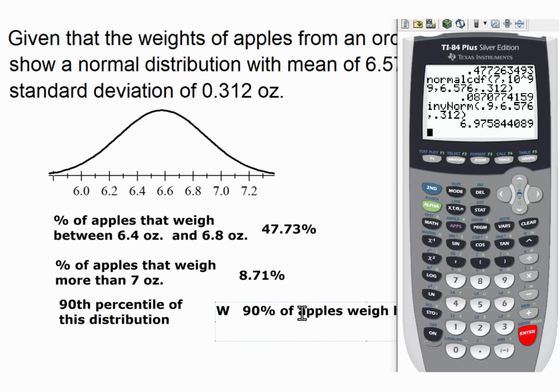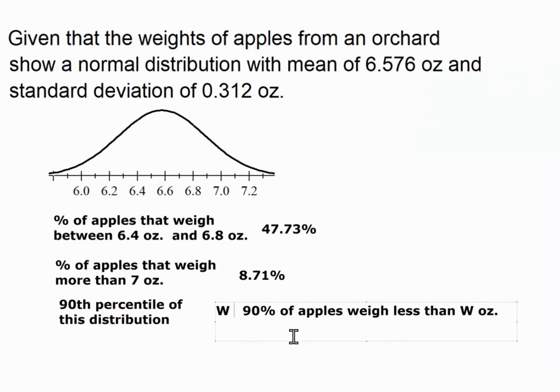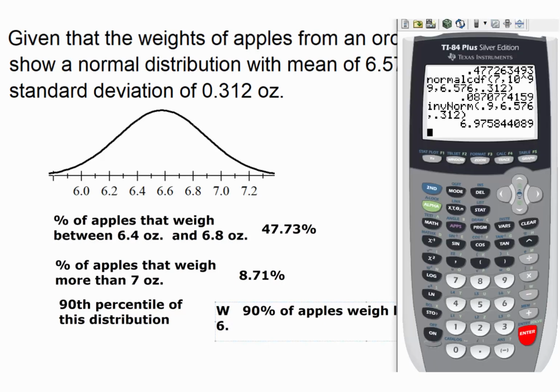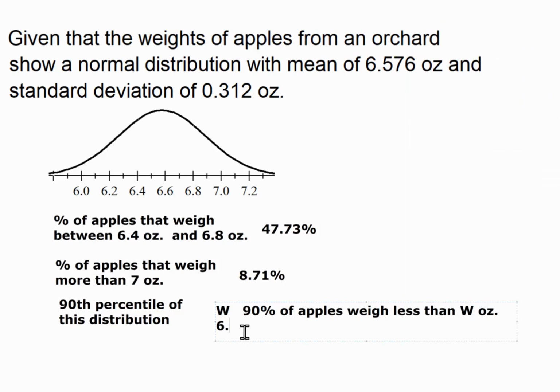That is, the area to the left of 6.98 ounces is about 0.9, and that confirms the other calculation that we did. So here what we got, W, or the 90th percentile, is 6.98 ounces.